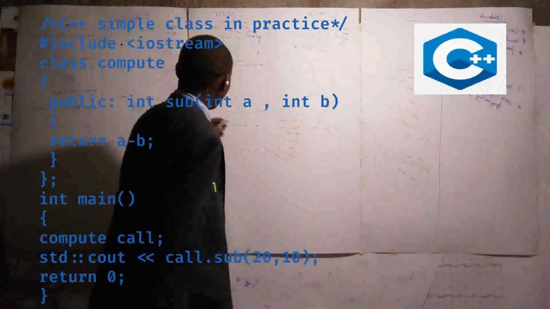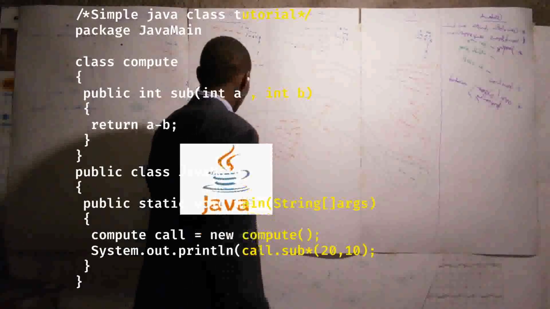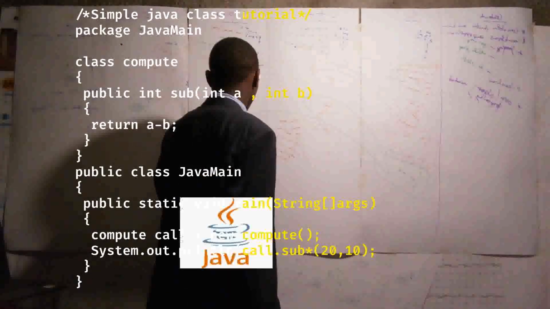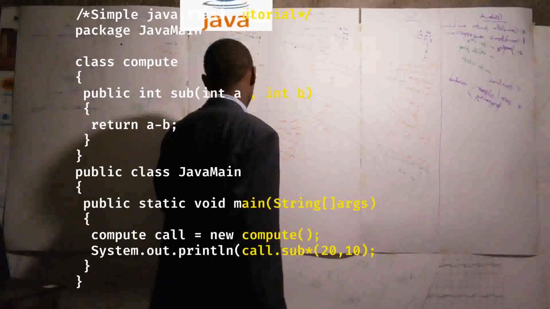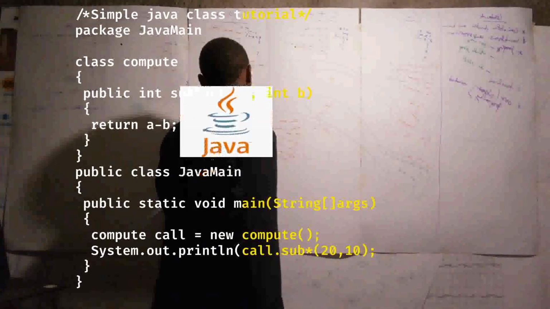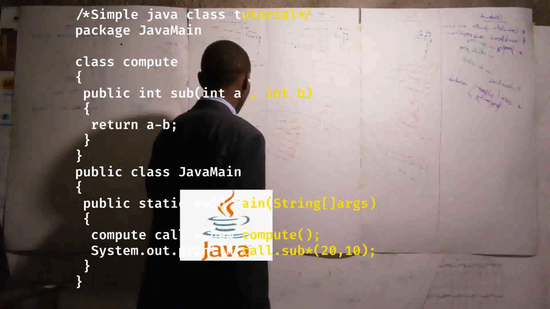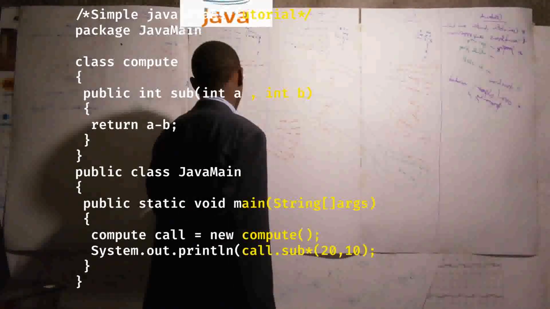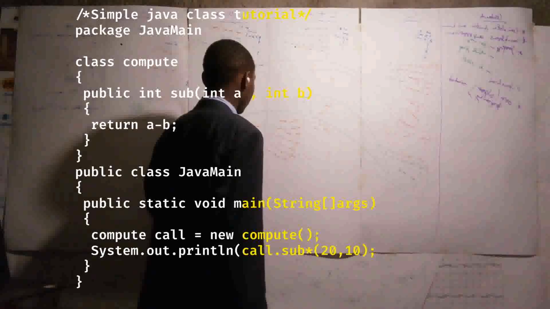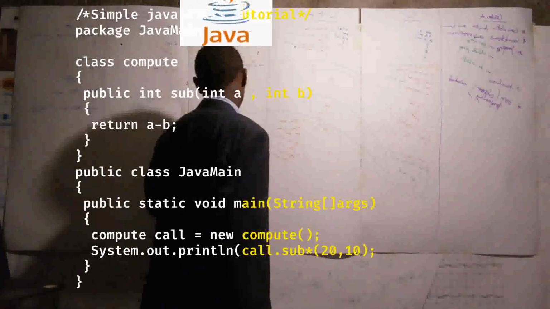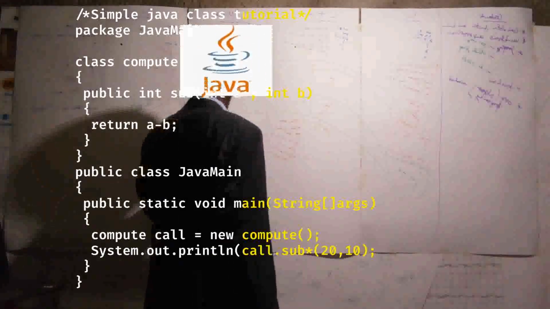In Java, public class, then public subtract with int a, int b, return a minus b.